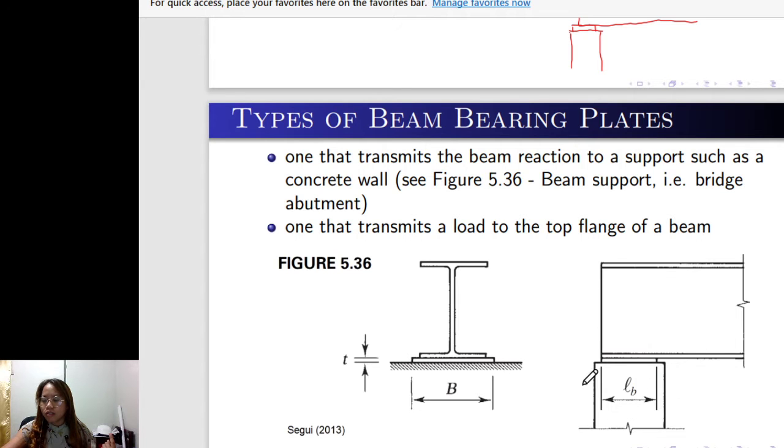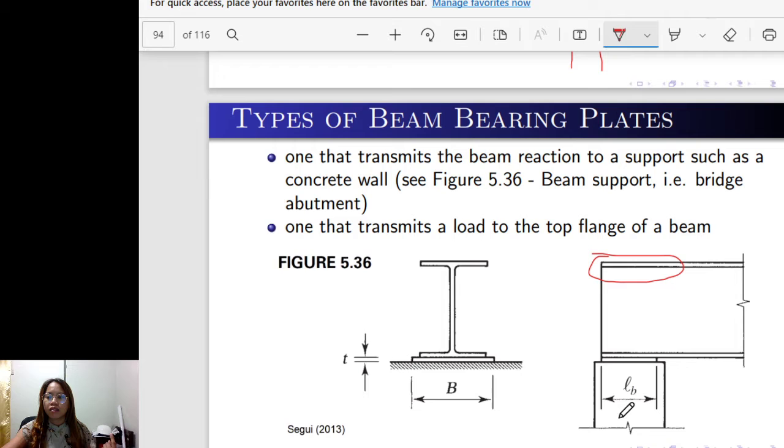From the reaction at the support, it transmits to the top flange of the beam.